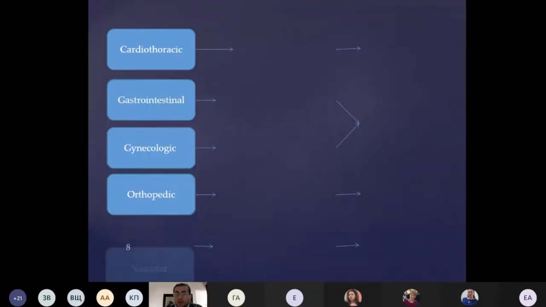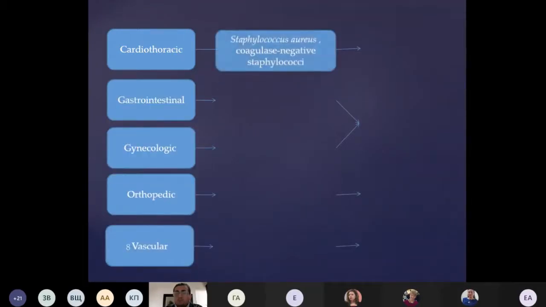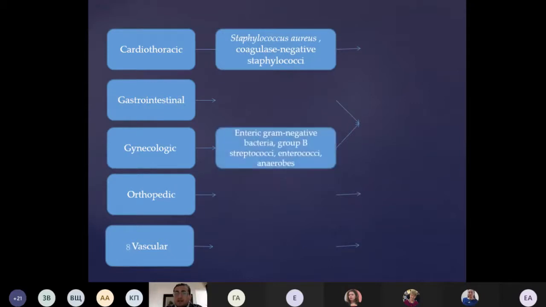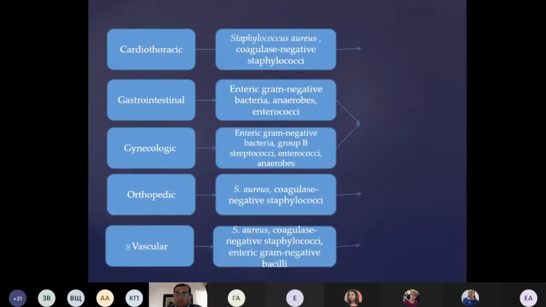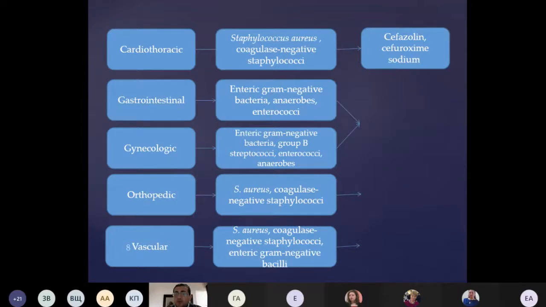In all types of surgery, we now measure the microorganisms and select antibiotics for each type. In plastic surgery, for example, we can find in swabs Staphylococcus aureus or coagulase negative staphylococci, so we can use cefazolin, cefuroxime sodium, and so on.